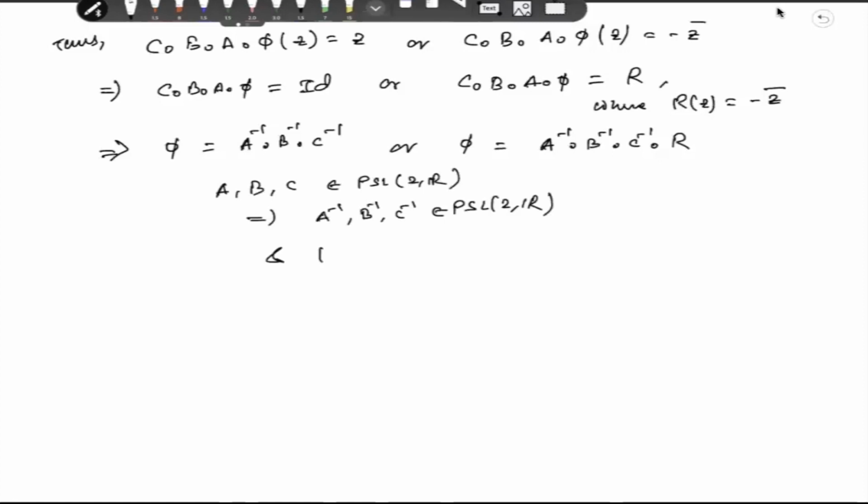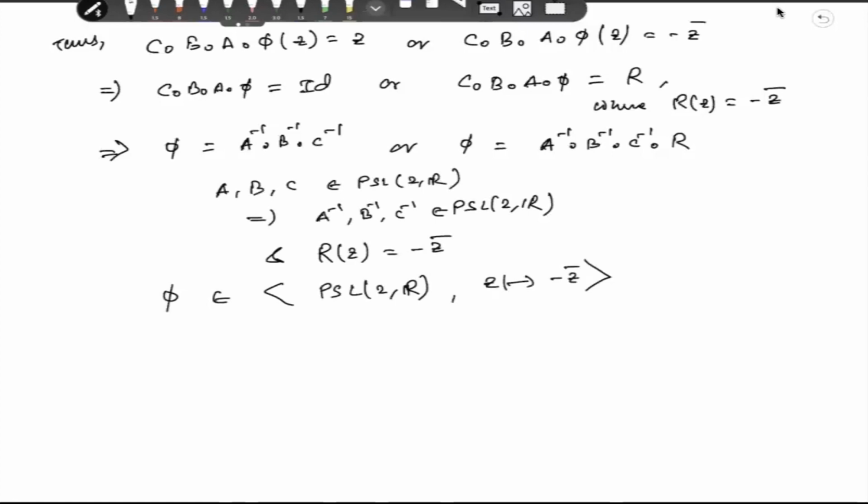And R is just the reflection with respect to the imaginary axis. Therefore, we have proved that phi belongs to the group generated by PSL2(R) and the map z goes to minus z bar.